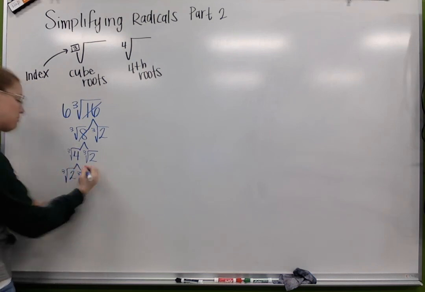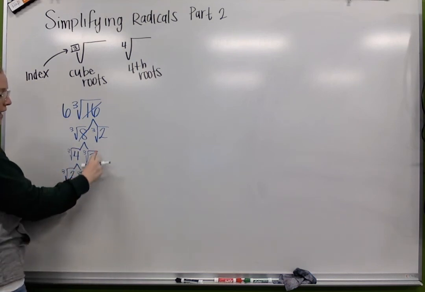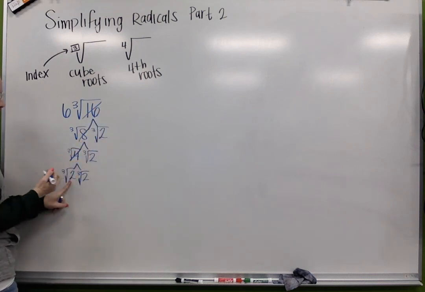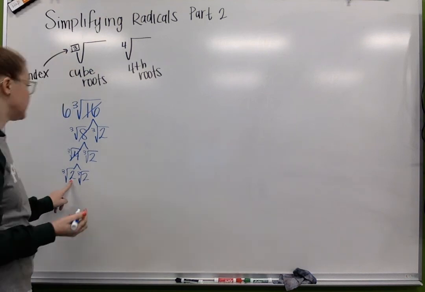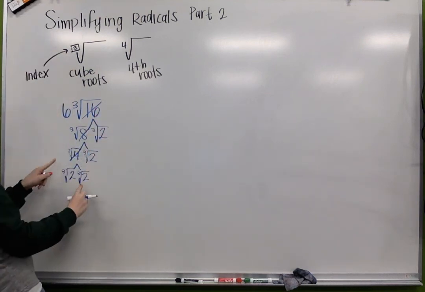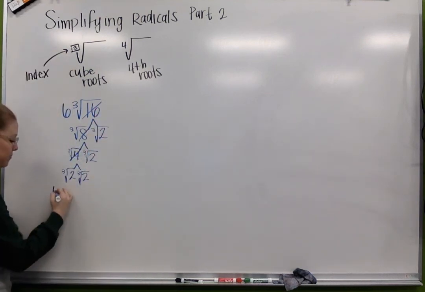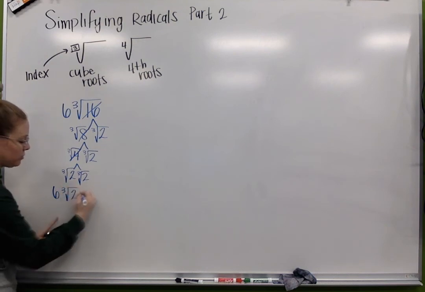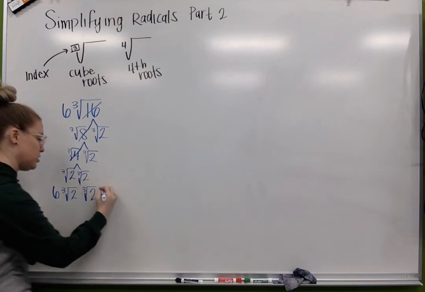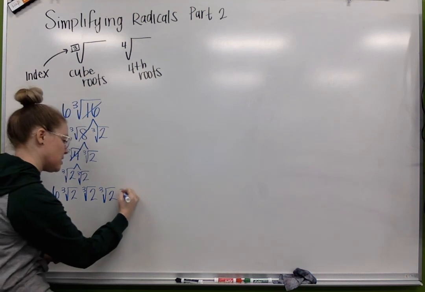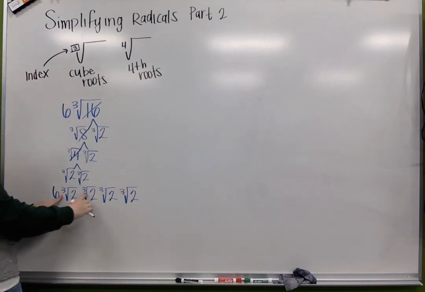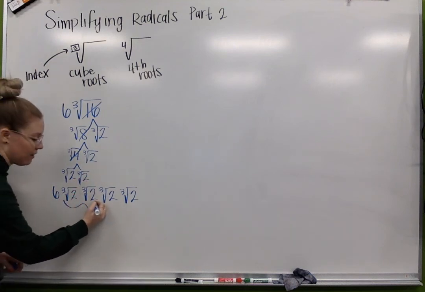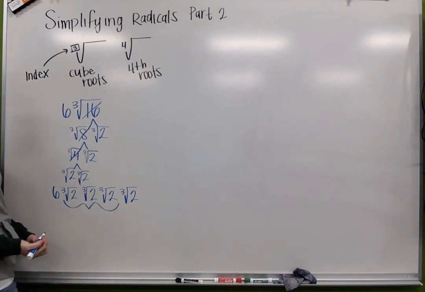So what we're looking at right now are the prime factors of 16: 2, 2, 2, and 2. That's a lot of 2's. All right, so right now what I'm looking at is 6 cube root 2, cube root 2, cube root 2, and cube root 2. Again, we're looking for groups of 3, which we have right here.